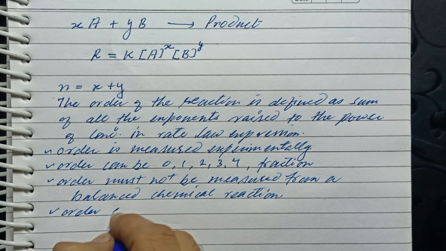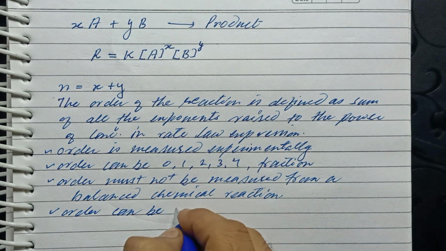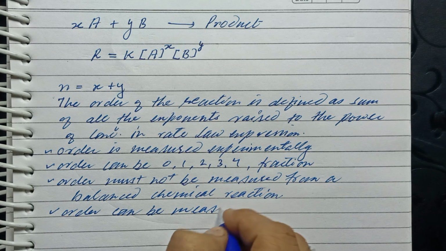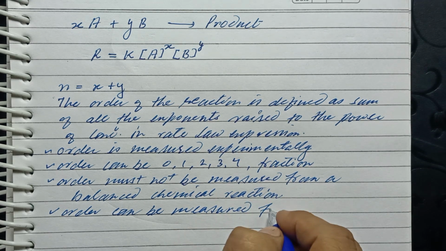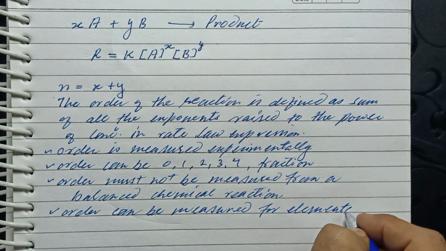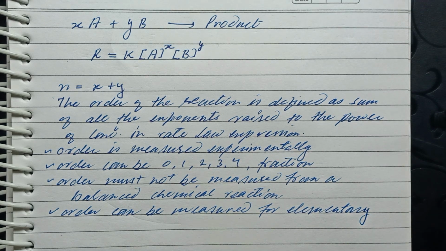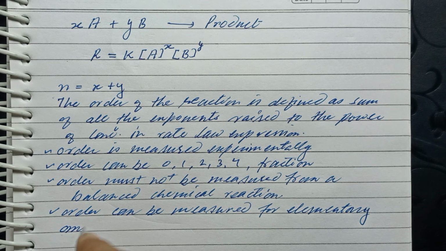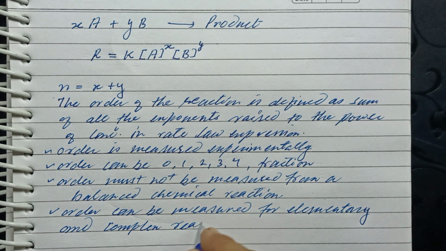Order can be measured for elementary reactions and complex reactions. Elementary means taking place in one step, and complex means taking place in more than one step.